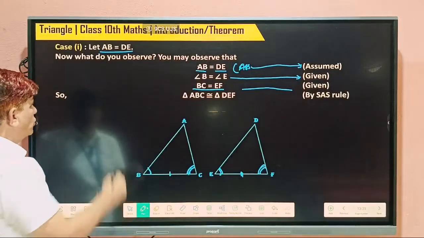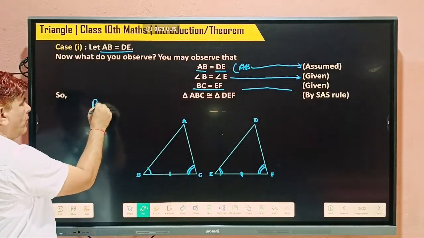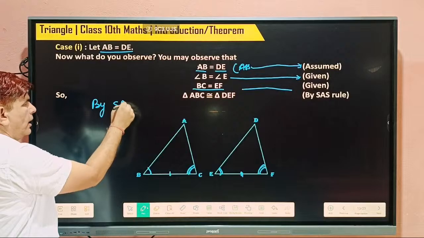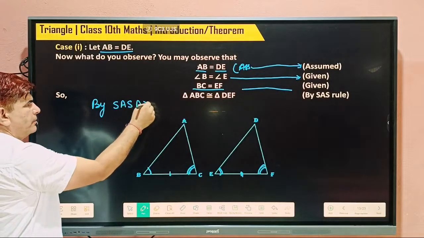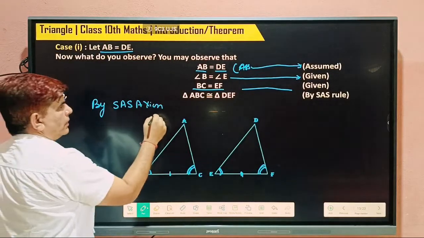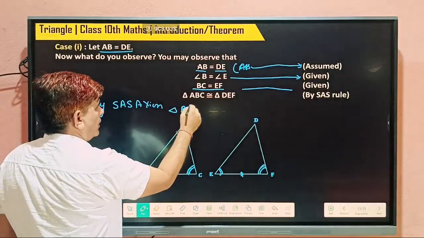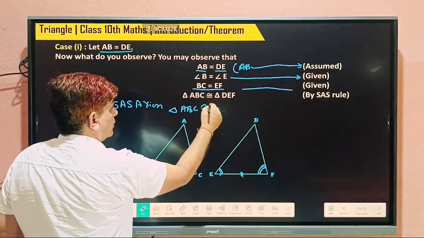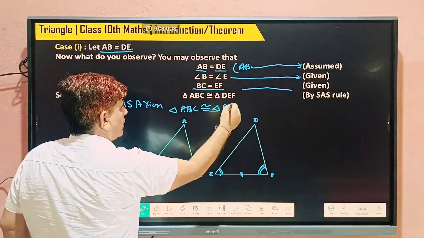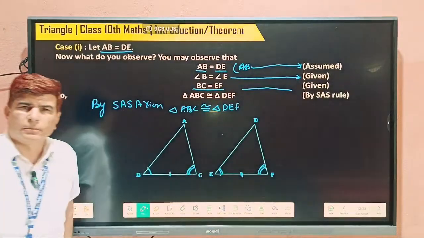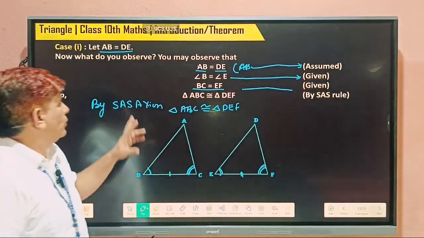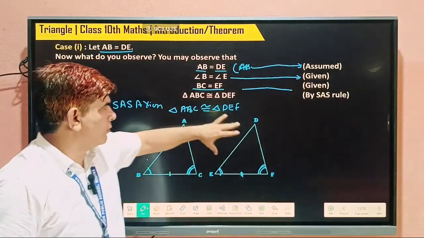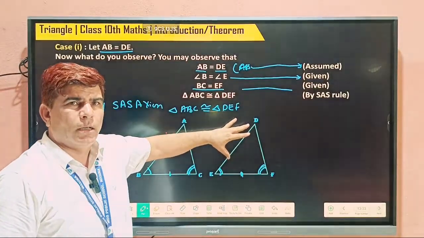So what does it become? So by SAS axiom, triangle ABC is congruent to triangle DEF. Got it? So if you are talking about this side equal to this side, we are measuring this.